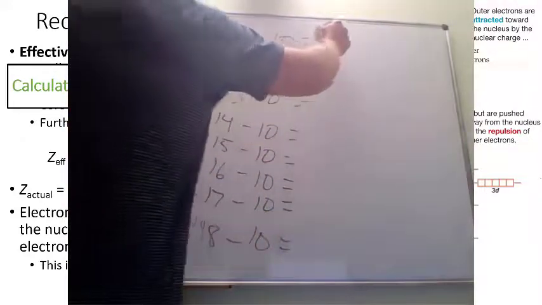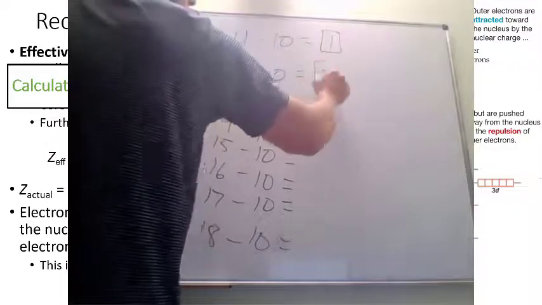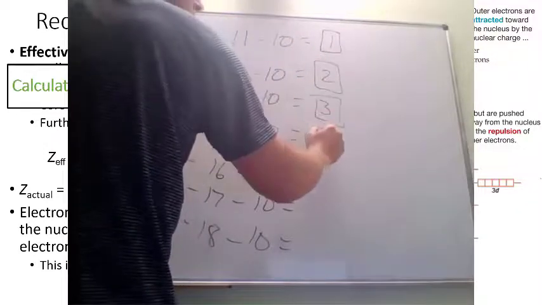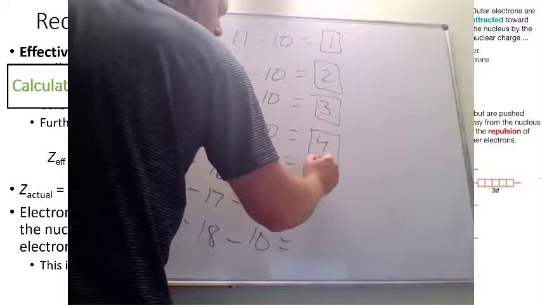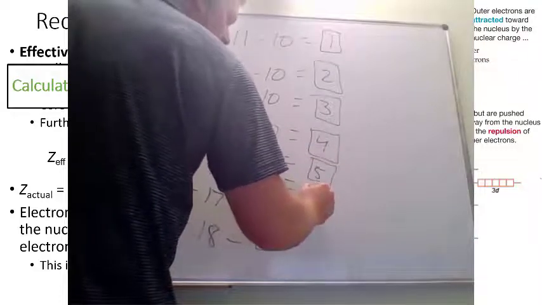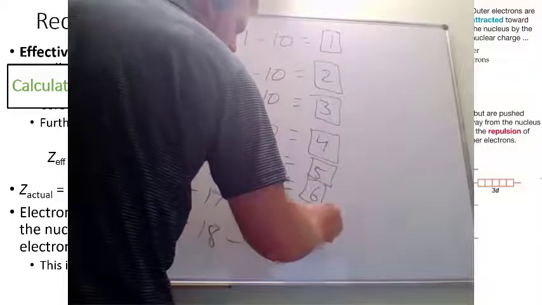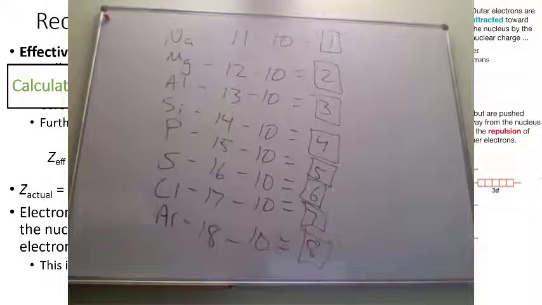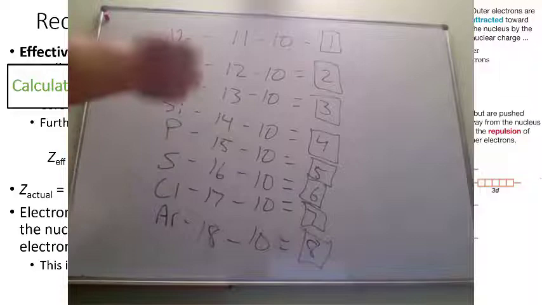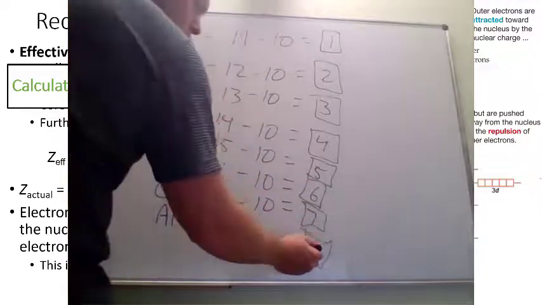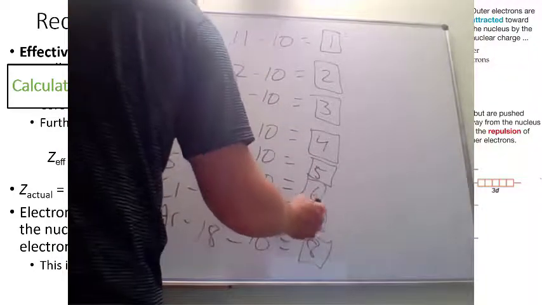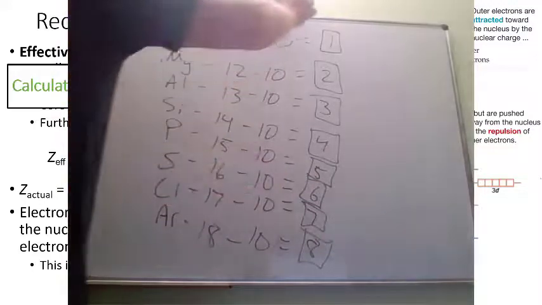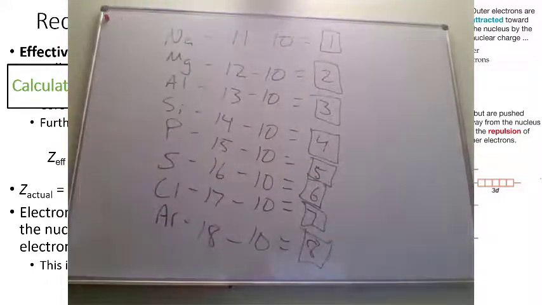And we can see here now very easily that our effective nuclear charge increases by 1 as we move from left to right on our periodic table. So what does this actually mean? This means that the valence electrons are feeling much more of a positive charge when we get further to the right on the periodic table than they are on the left-hand side.